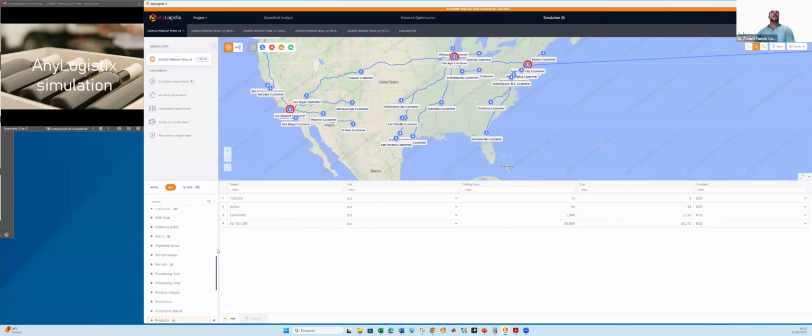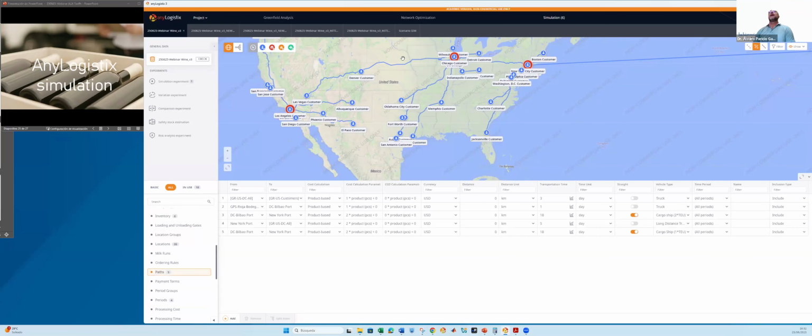Here we have also defined all the paths connecting all the sites and the customers. So the distribution centers are distributing to the customers. Here we have the bodega distributing to the port of Bilbao, and so on.